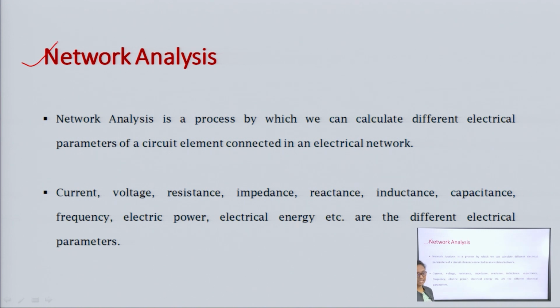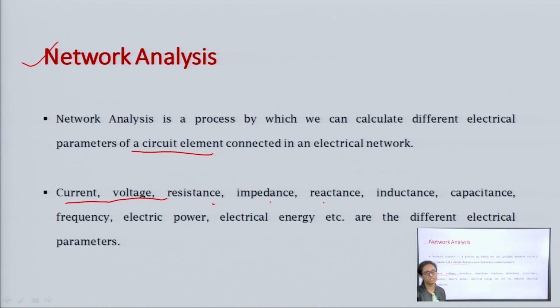We will see it with an example also. This is the definition, that it is a process by which we calculate different electrical parameters of a circuit element connected in an electrical network. Now what will the electrical parameters be? Current, voltage, resistance, impedance, reactance, inductance, capacitance, frequency, electrical power, electrical energy, etc. These could be the electrical parameters which we are going to calculate in circuit elements connected in electrical networks.